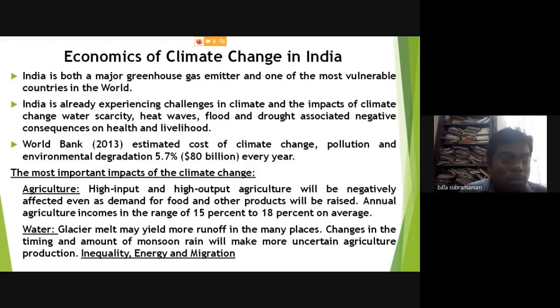So the second part, the most important impact of climate change in the Indian perspective, especially the economic aspects: agriculture. Again, I come to the Economic Survey of India. The former economic advisor to the PM, Professor Arvind Subramanian, made a very excellent Economic Survey for 2018.